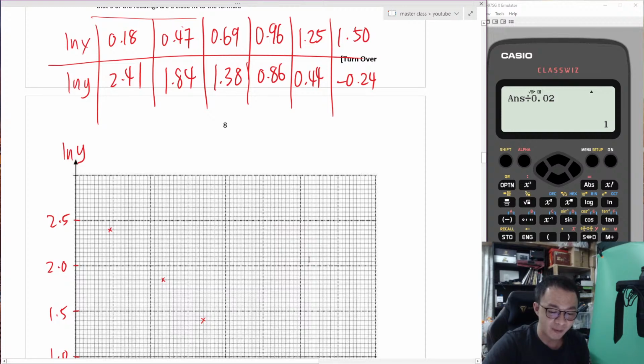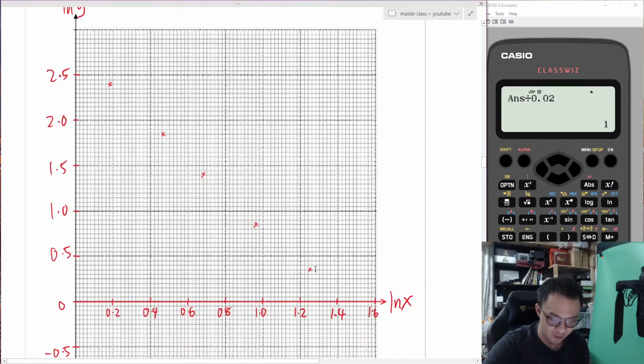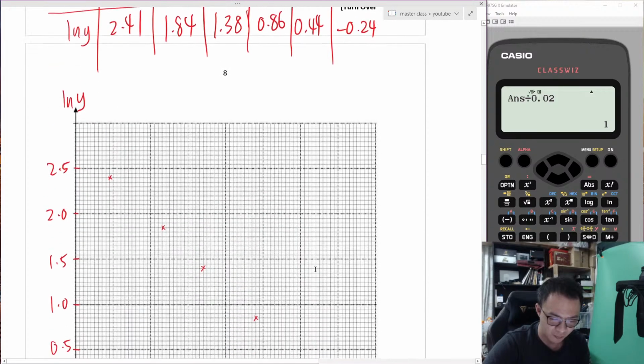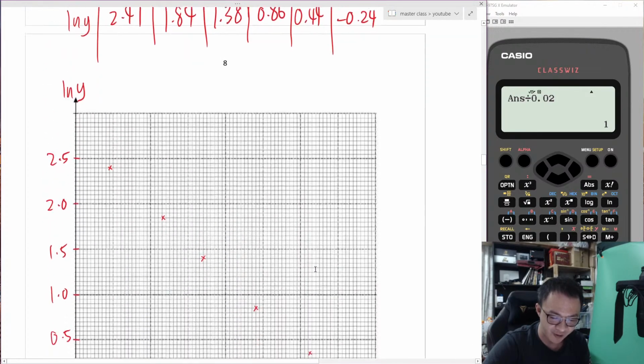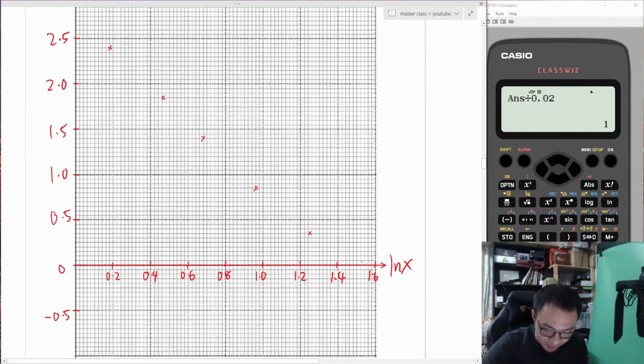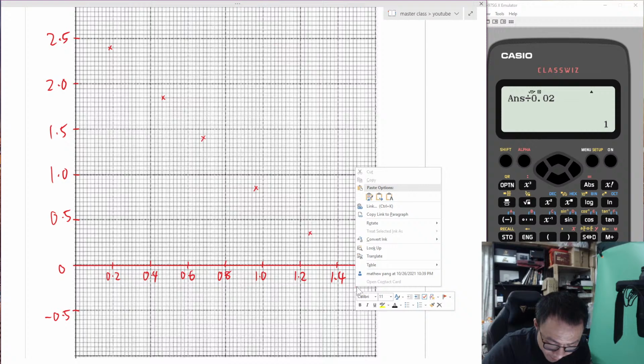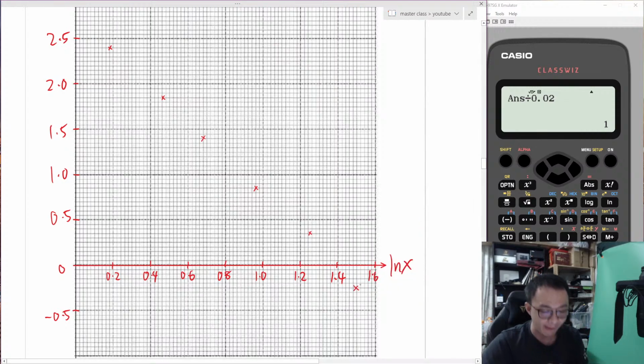The last one, 1.5, negative 0.24. Negative 0.1, 0.2, 0.24 is somewhere here.